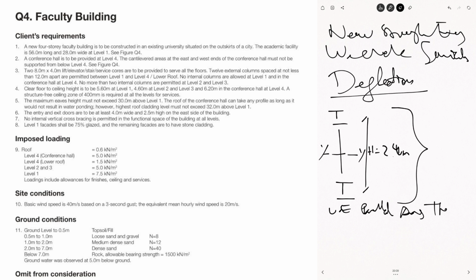So to calculate that, I'm going to use the parallel axis theorem. I'm going to calculate the inertia of this whole element using the parallel axis theorem. You can check online how it is calculated if you haven't done it before.